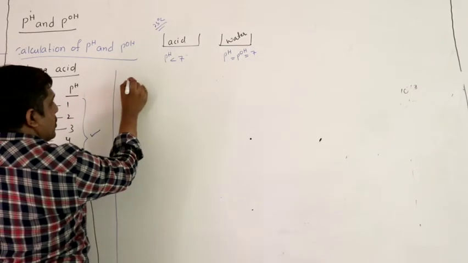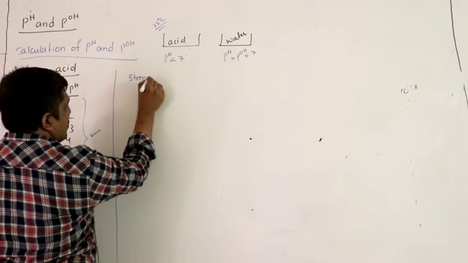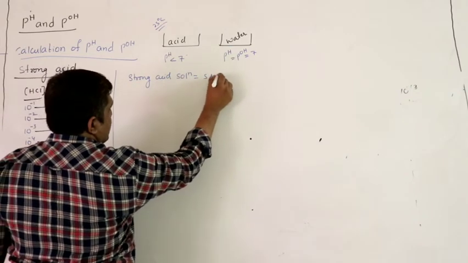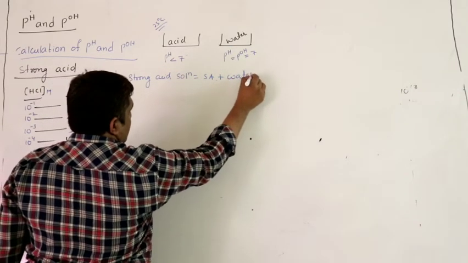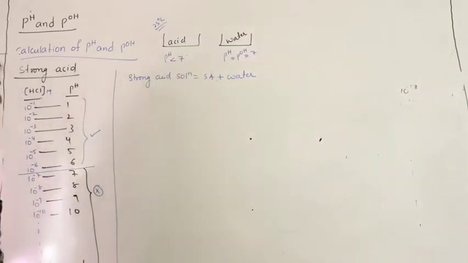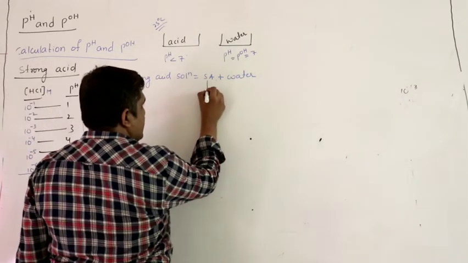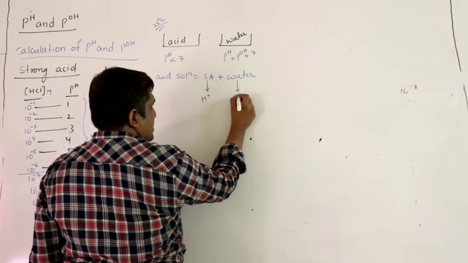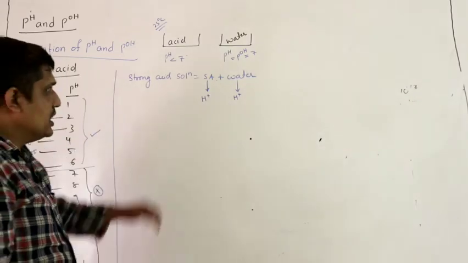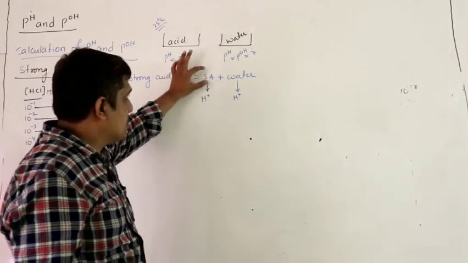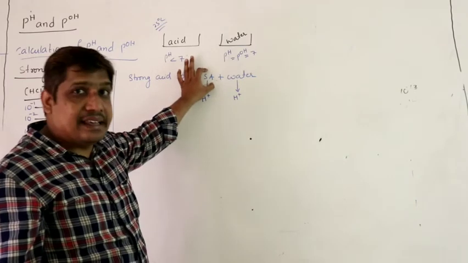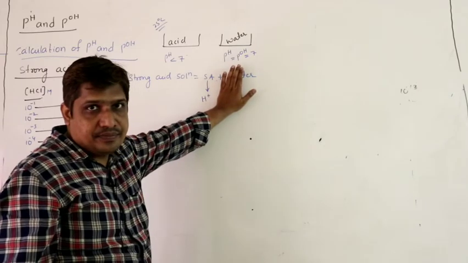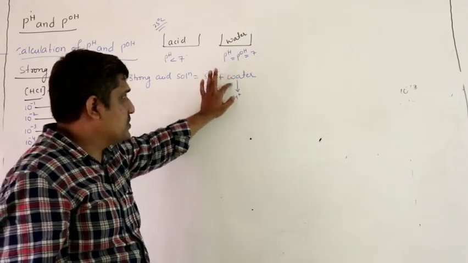When you take strong acid solution, that is nothing but strong acid plus water. Strong acid releases H plus ions, no doubt. Water also to some extent releases H plus ions. If the H plus ion concentration from strong acid is considerably greater than that from water, then you can neglect the contribution of H plus from water.